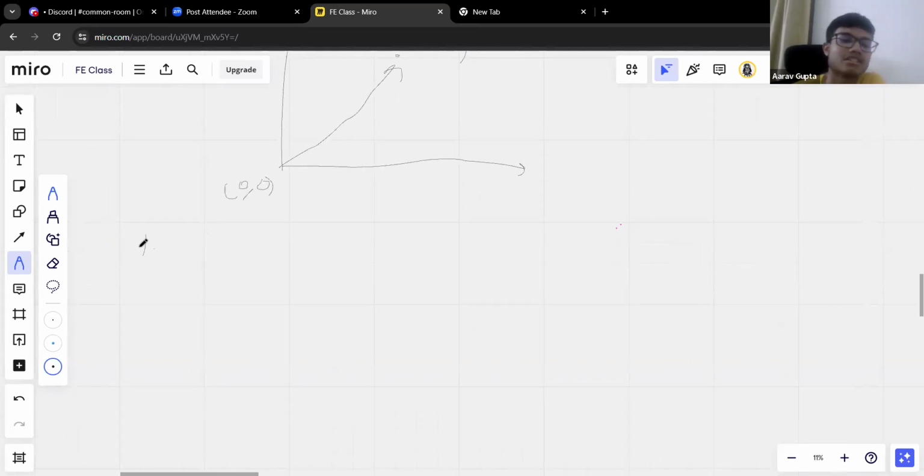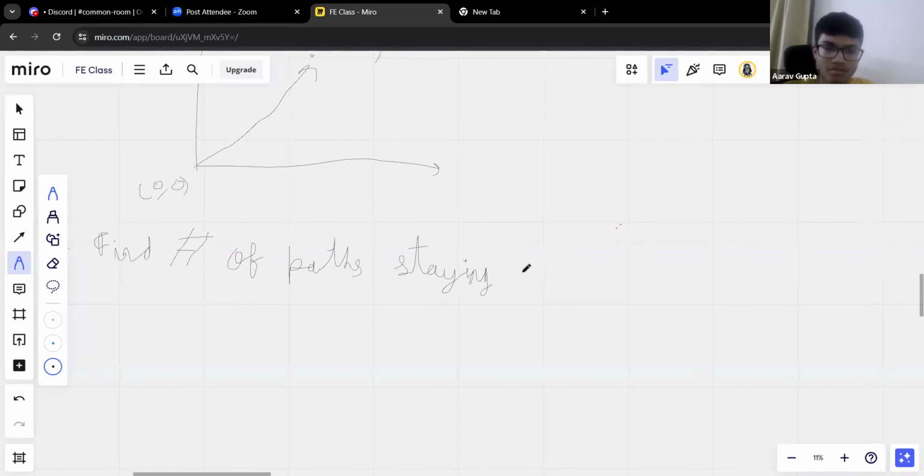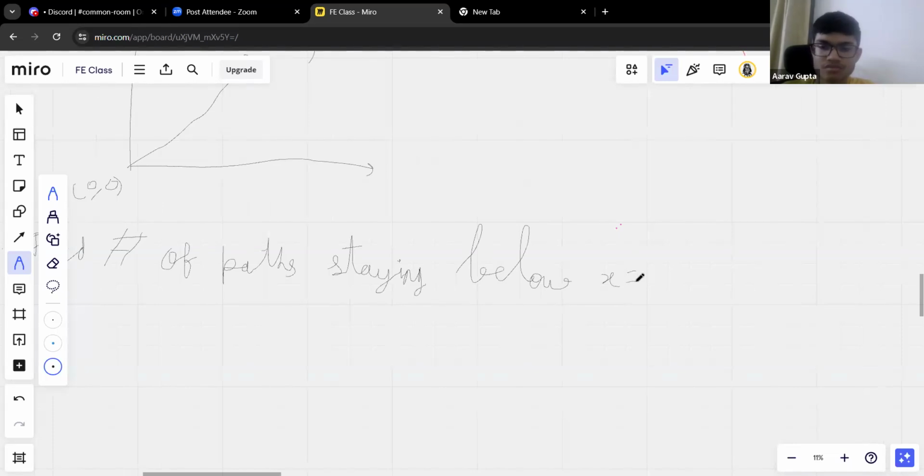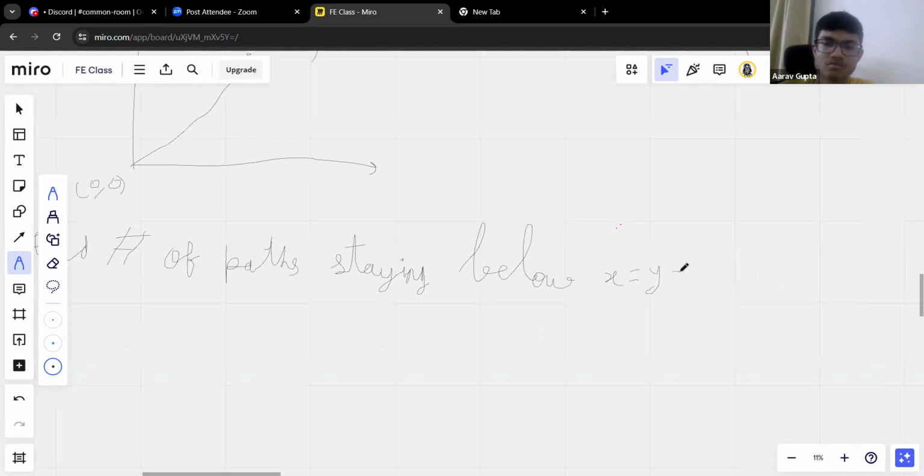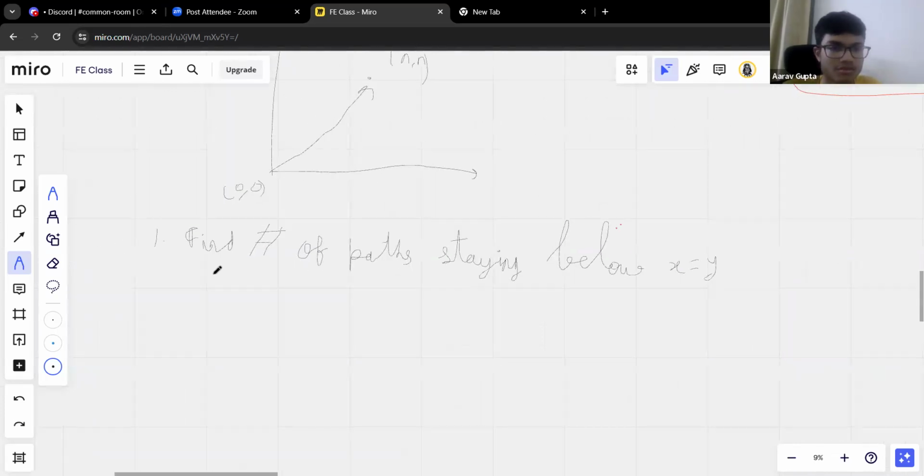One really nice thing with this grid stuff is Catalan numbers.